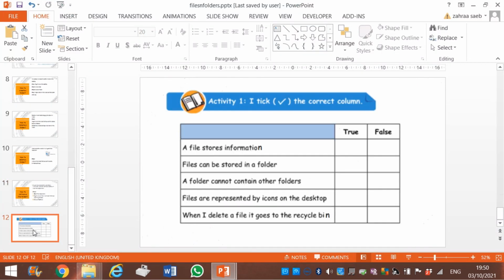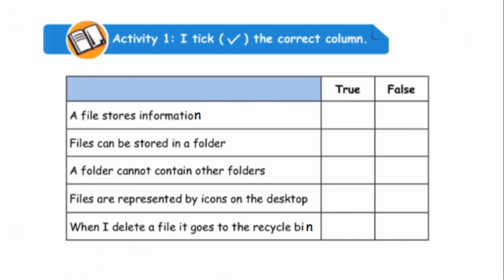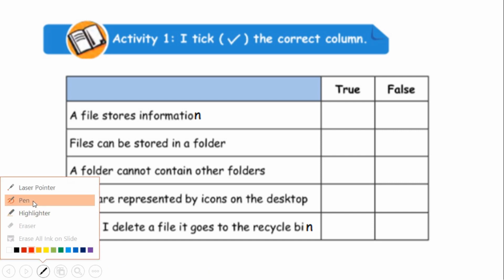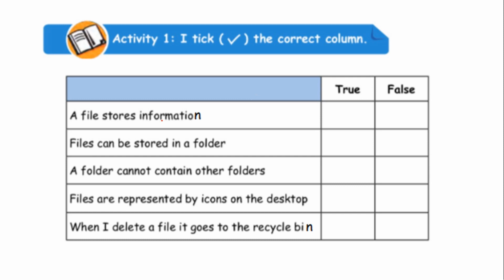Now let's work a small exercise together. First, I tick the correct column. If it is true, I will tick in the column of true.